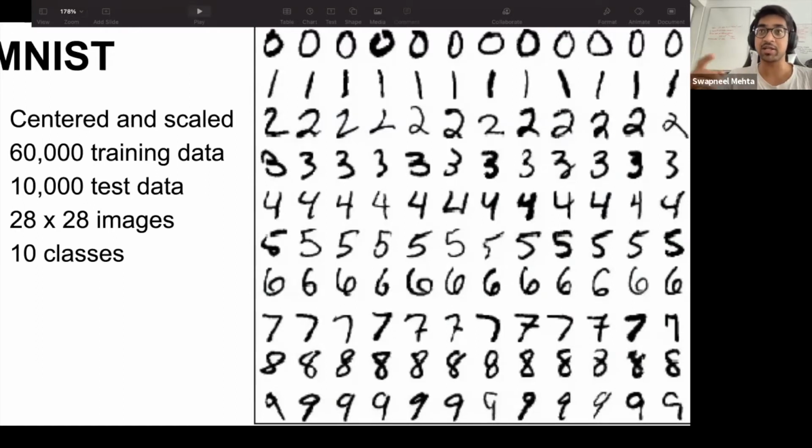They're black and white, so there is only one channel. Remember that channels had to do with colors. So RGB images have three channels, R, G, and B, and each of the channels has some sort of data that combined makes your color image. Anyway, MNIST was fairly simple. It had only one channel, and it had 10 classes.